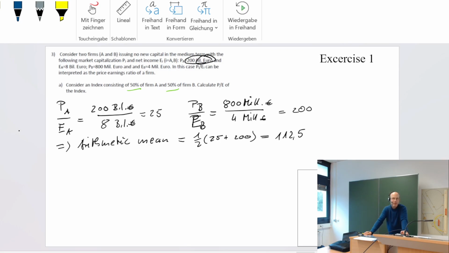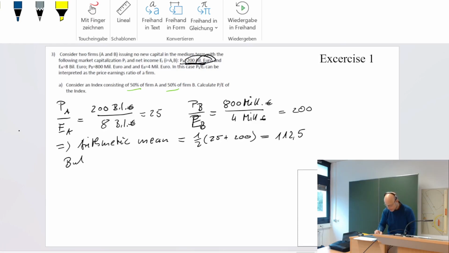And then we had to take the harmonic mean, and here we have also to weight in the right direction, that this firm is much larger, and therefore a reasonable averaging process in this case would be that we take the harmonic mean in order to get an index.